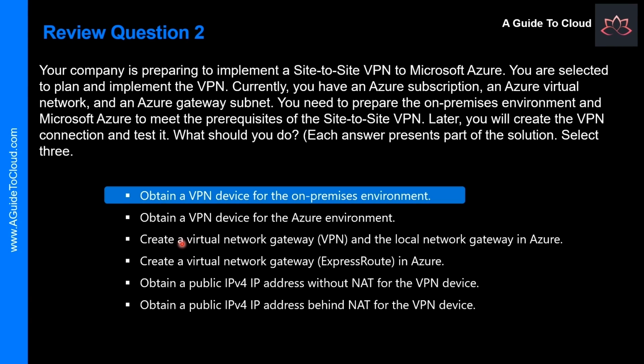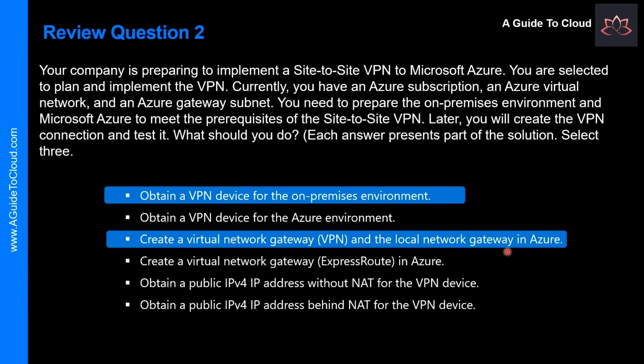The third statement is create a virtual network gateway and local network gateway in Azure. Absolutely correct. So you need to create a gateway and a local network gateway in Azure to establish the connection between the on-prem environment and Azure. The next statement is create a virtual network gateway ExpressRoute in Azure.